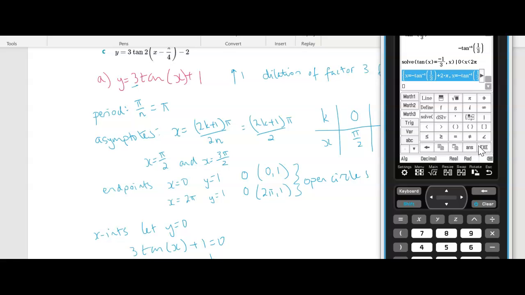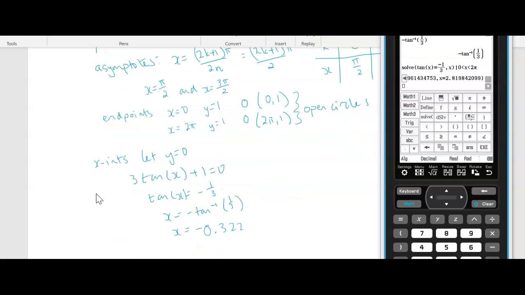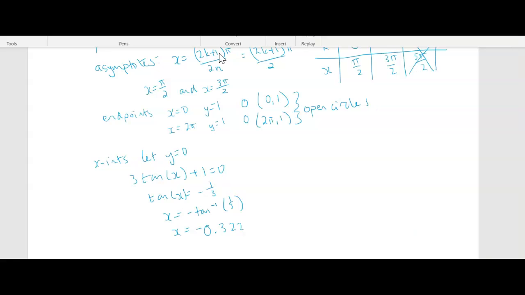Try it again. All right, so you can see your solutions there. Now you will also notice, which I didn't pick up before, the solution I wrote down before was not within our domain. So not in domain.